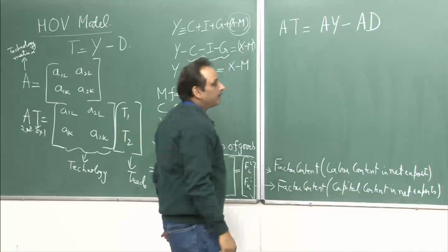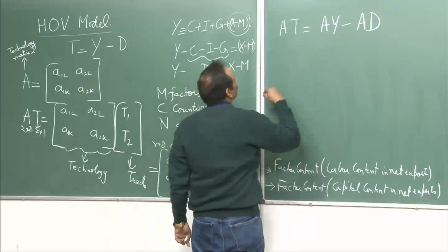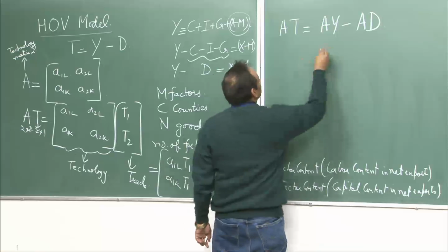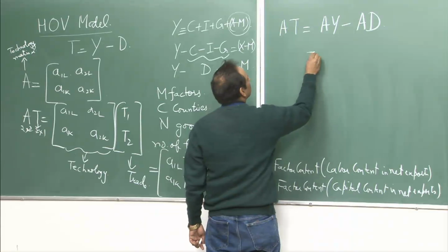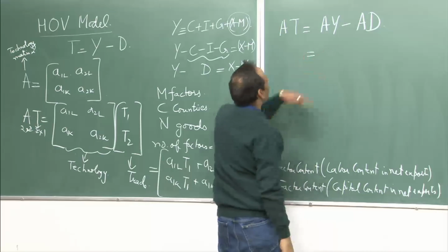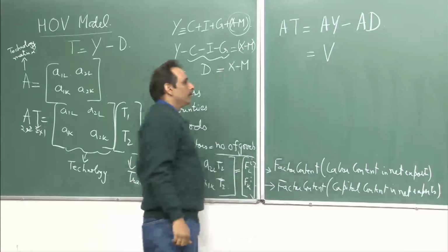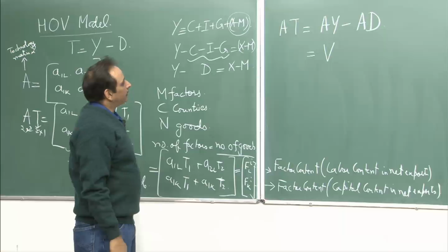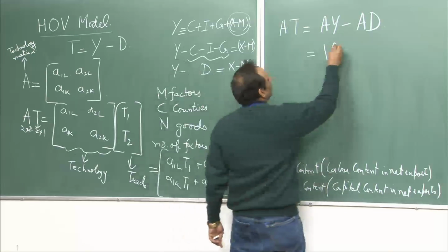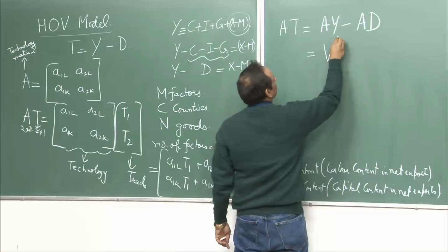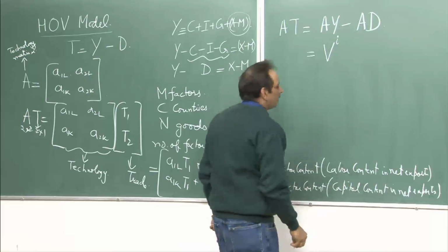D is the demand, Y is the output. If you work further on this, AY would give you the factor endowment in this country, which I call Vi.